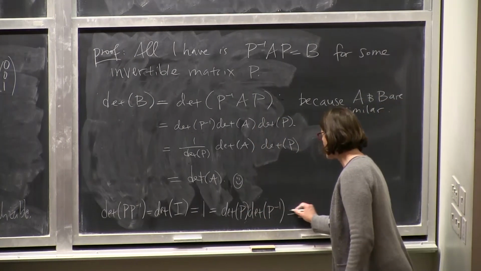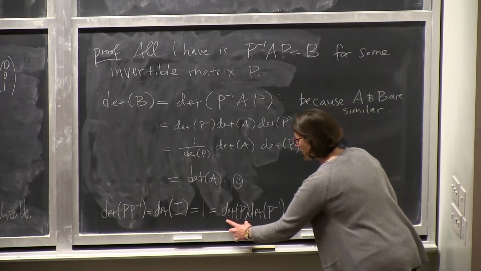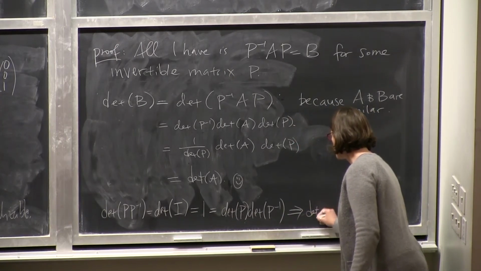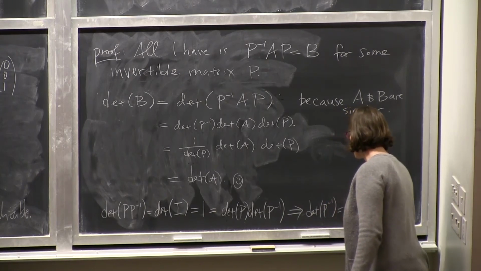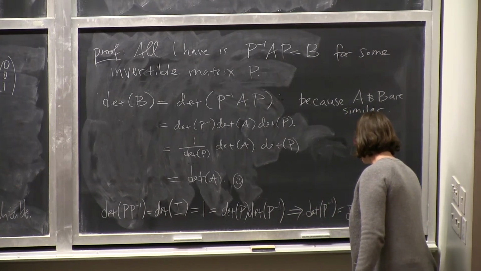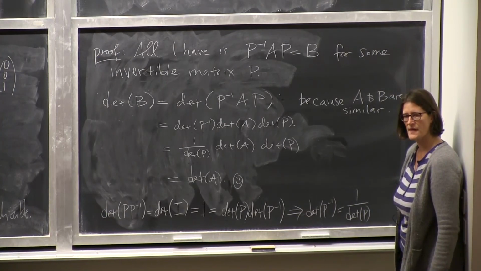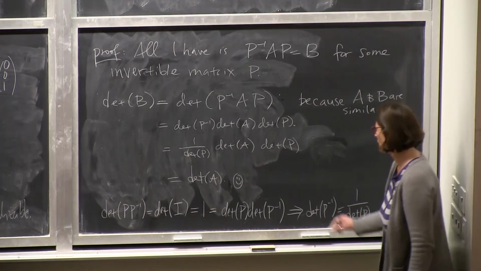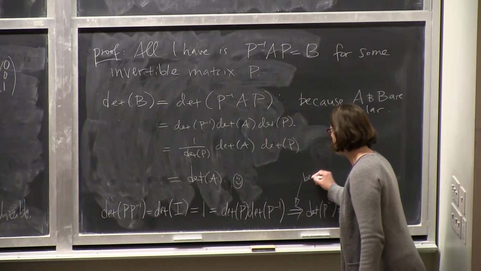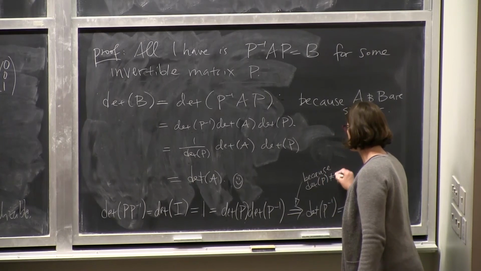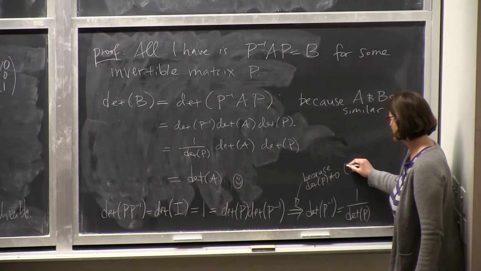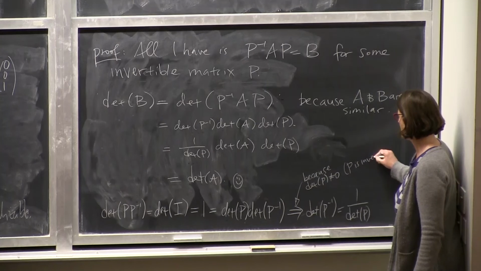So I would like to say that this means the determinant of P inverse is 1 over the determinant of P. May I say that? Yes. What did I implicitly use? That the determinant of P is non-zero. Because P is invertible.